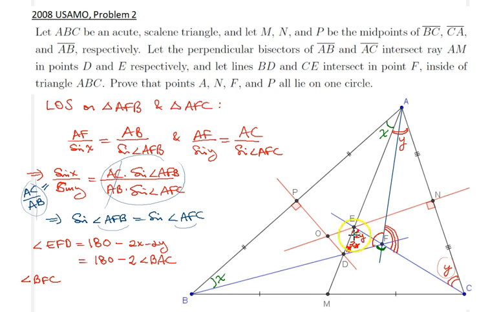Why would that be? Because these two interior angles add up to this one, which is 2x plus 2y. So we can say angle BFC is equal to 2 times angle BAC, which is just x plus y. But then 2 times BAC is simply BOC, as I showed in my very first page. So that's angle BOC. We just proved that BFC is equal to BOC.